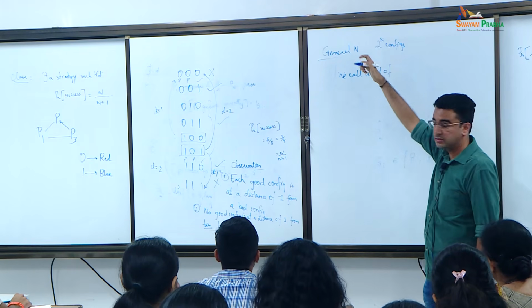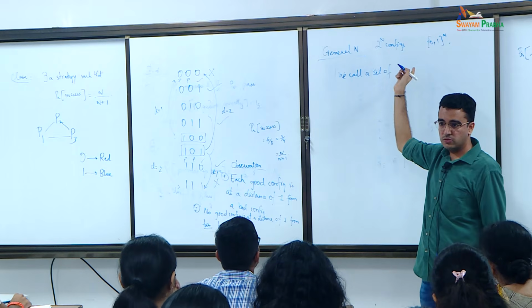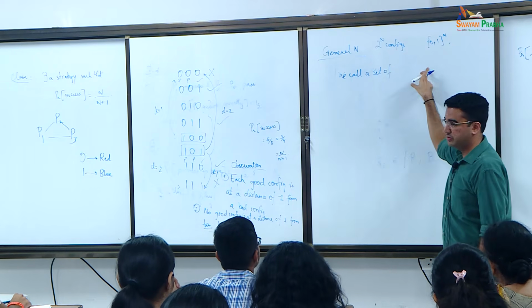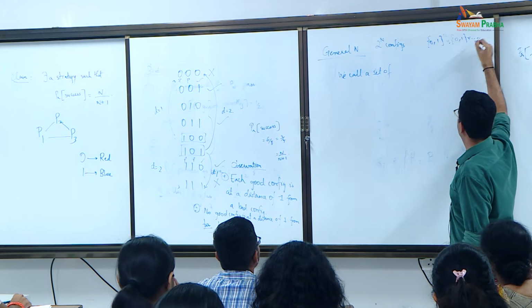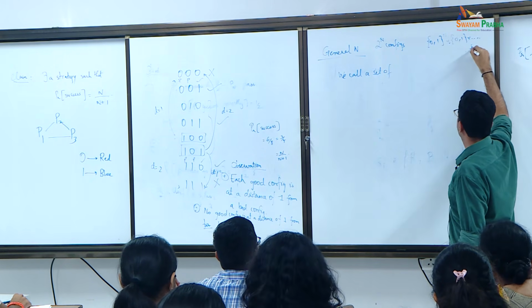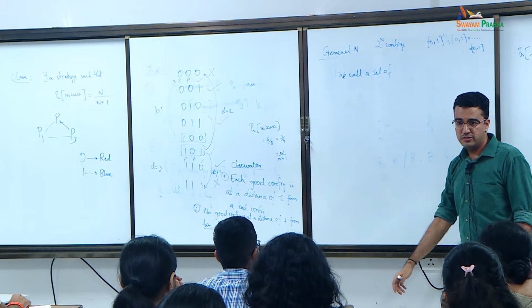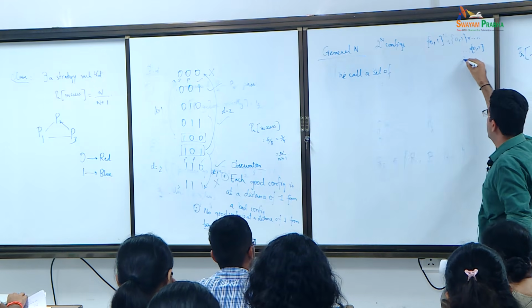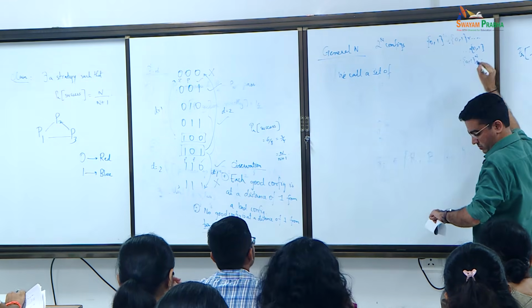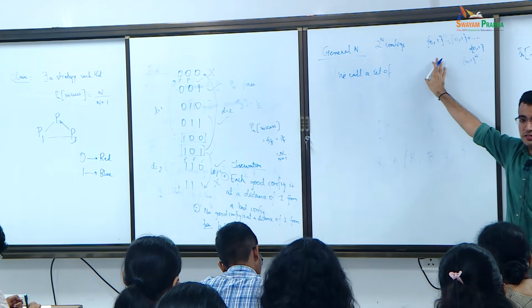N length binary strings. So this is the set 0, 1 to the n. Have you seen this notation before? It is 0, 1 cross 0, 1 cross 0, 1 all the way cross 0, 1 n times. Cartesian product of 0, 1 n times. That is 0, 1 to the n. So we are working in this space 0, 1 to the n.